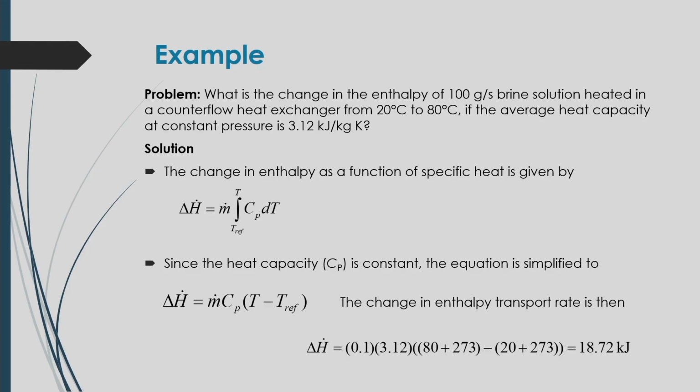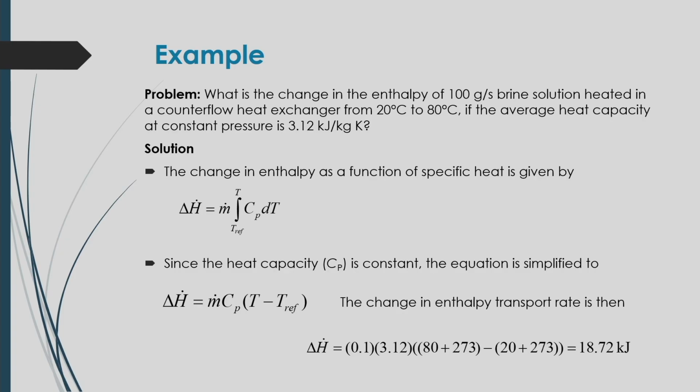In this case you first have to calculate the temperature change in absolute temperature, and also the flow rate, and then the specific heat capacity. If this specific heat capacity is constant over the range of temperature, you can directly use that constant value.